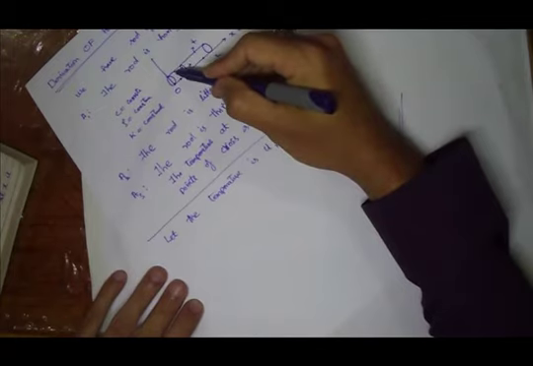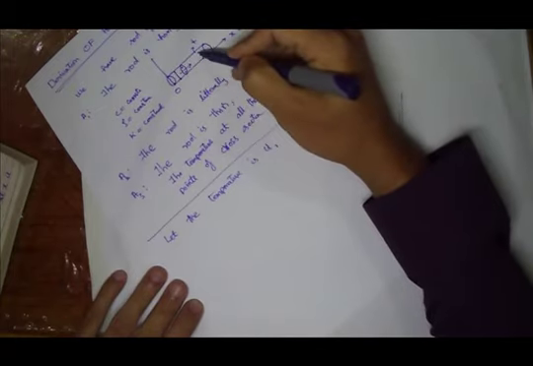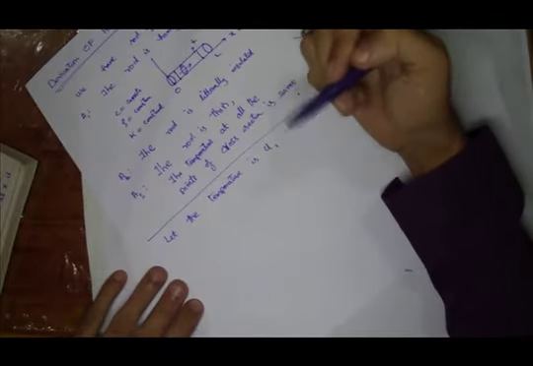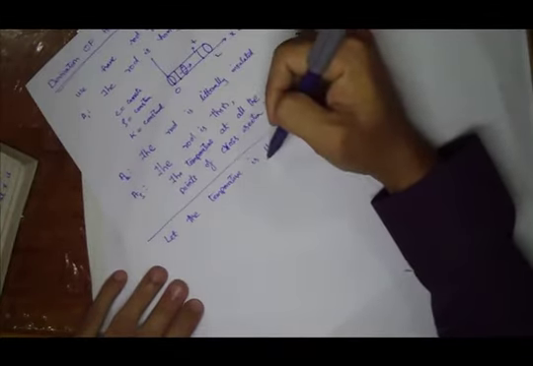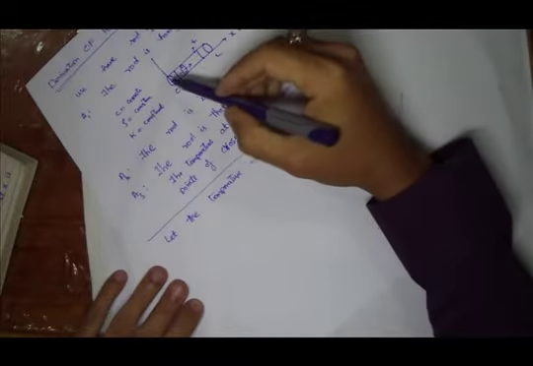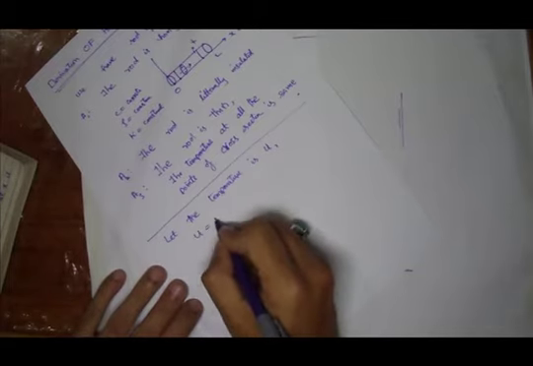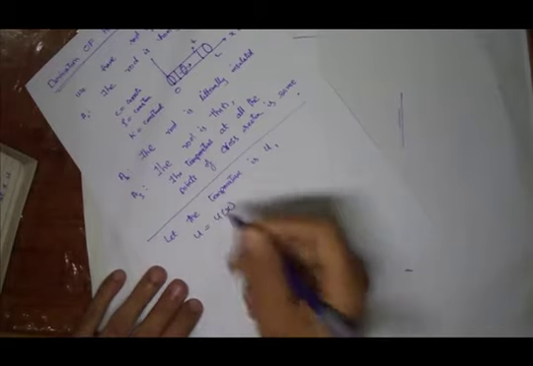It may be that the temperature at this point is 10 degrees centigrade and the temperature at this point is 5 degrees centigrade. So it is possible for the temperature to be different at different points. In this case we can write U is equal to U of x, meaning the temperature is a function of x. The temperature changes with respect to the selection of x.